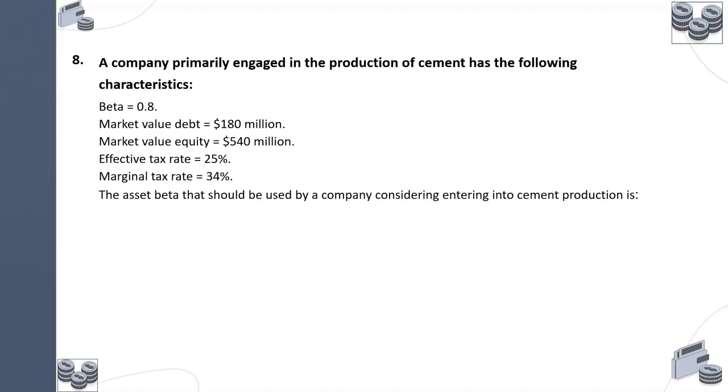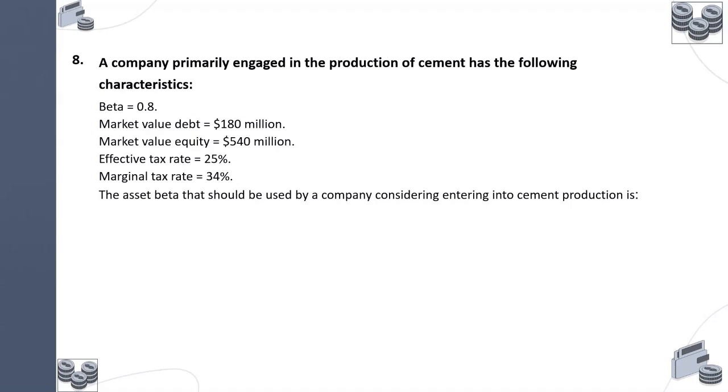For example, if we are going to buy a company in another country which has its own capital structure, which is different from the parent, we can't use the weighted average cost of capital of the parent because the capital structure is totally different. So the risk profile also will be different. But this is not the point here. The point is, we have this figure and we want to calculate the asset beta.